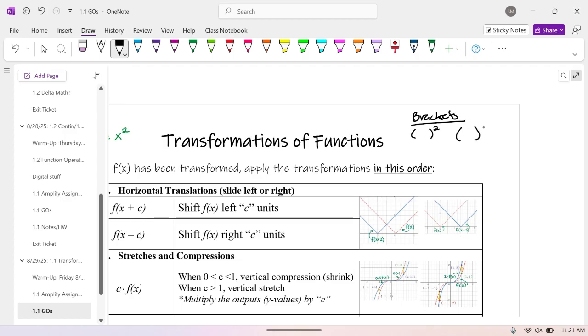Same thing with cubic, but it'll be cubed instead of squared. Then for absolute value, it's the actual absolute value symbol. For an exponential, it'll be up in the top with the x and the exponent. Then our radicals, square root and cube root.